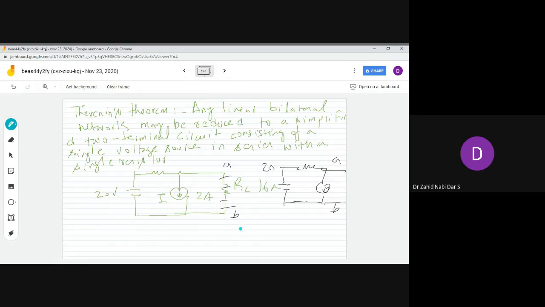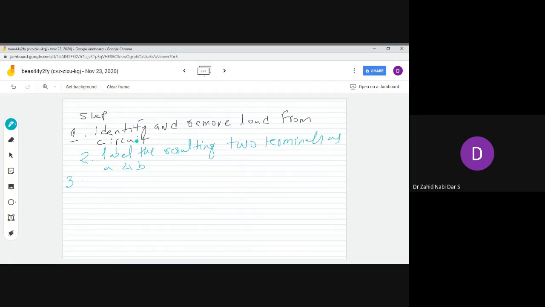Step number three means if you have to make it zero, as I have already told you, you have to short circuit any voltage source and open circuit any current source. So you are left with A and B, and across A and B you have only this left, which is around 24 ohms. If you follow step by step, you will not make any mistake.